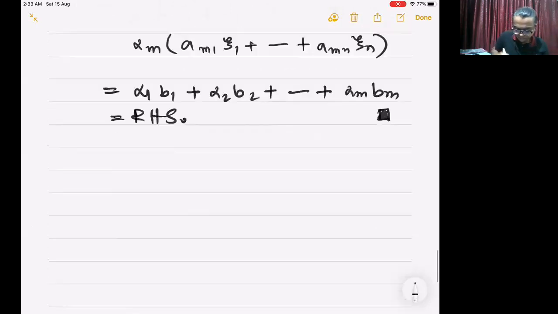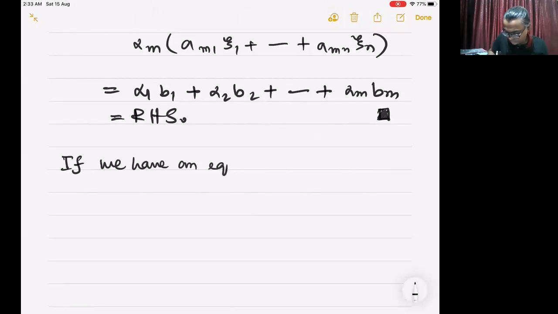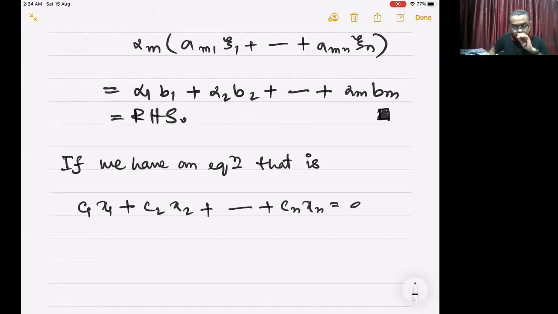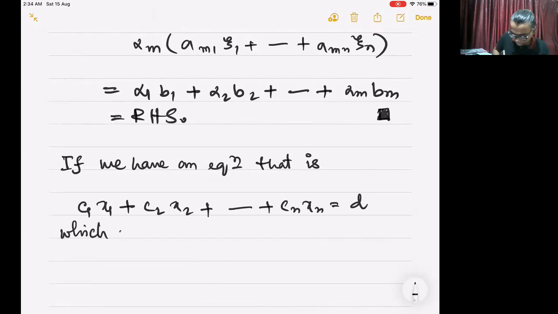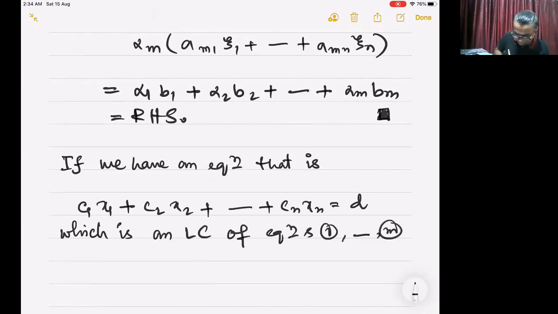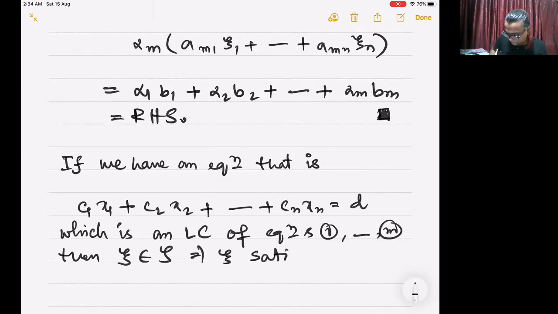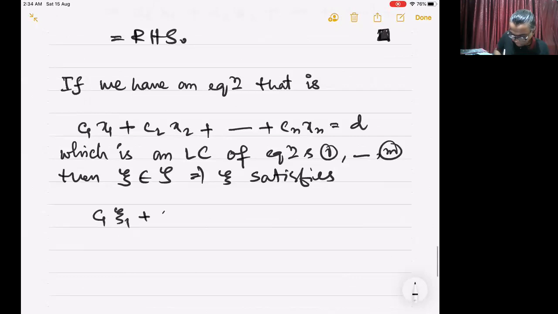Which then also means that if we have a new equation c1 x1 plus c2 x2 plus dot dot dot up to cn xn equals d, where this new equation is a linear combination of equations 1 up to m, then xi belongs to S implies xi satisfies c1 xi1 plus c2 xi2 plus dot dot dot up to cn xin equals d.